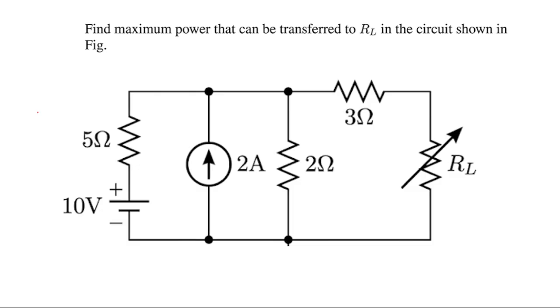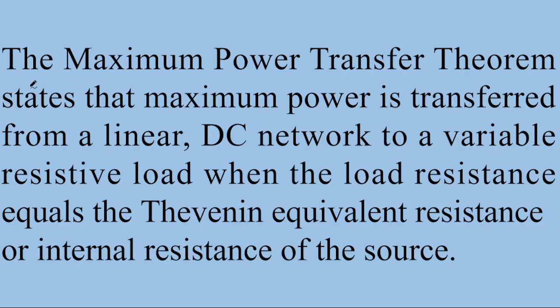So let us first find out the statement of the maximum power transfer theorem. The maximum power transfer theorem states that the maximum power is transferred from a linear DC network to a variable resistive load when the load resistance is equal to the Thevenin equivalent resistance or the internal resistance of the source.